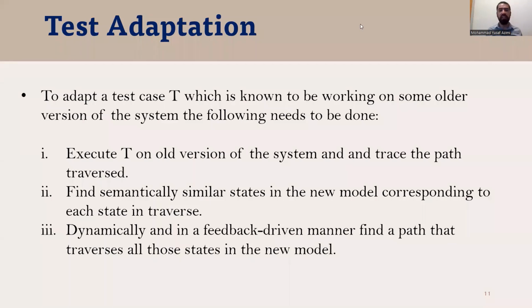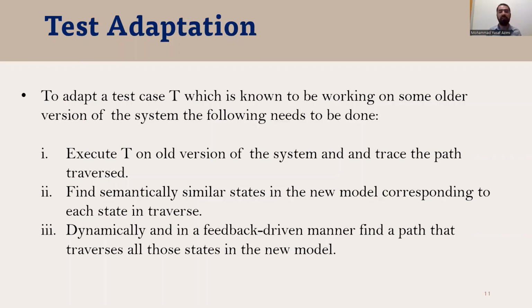Given a test case T known to be working on the older version of the system, to adapt it to the newer version of the system, we do the following steps. First, since T is just a sequence of low-level remote controller actions, it may not be very useful originally. So we first execute the test case on the old system and trace the path that is traversed by that test case.